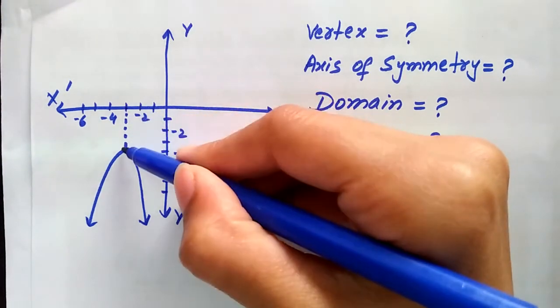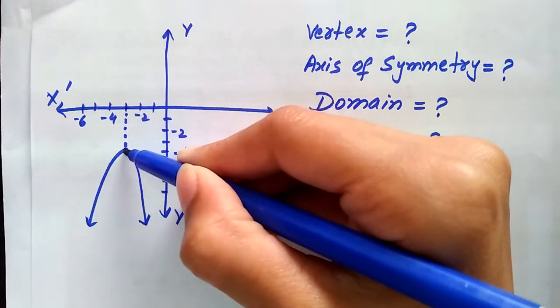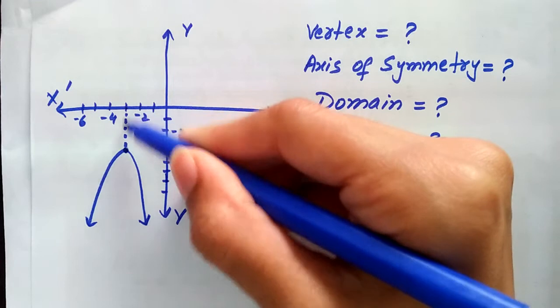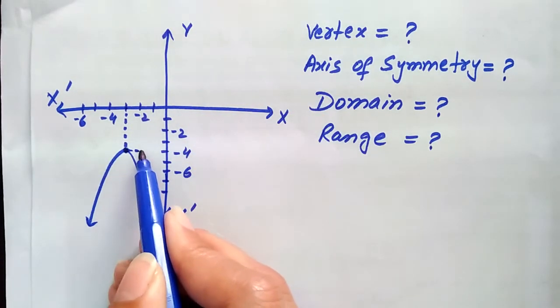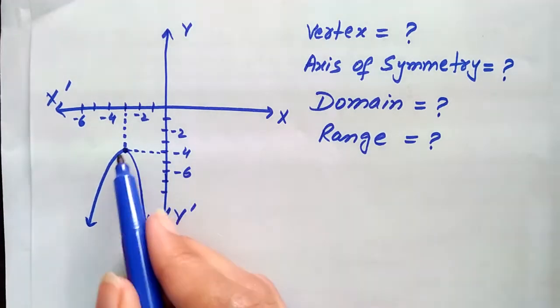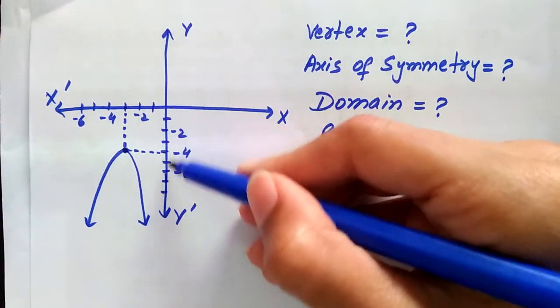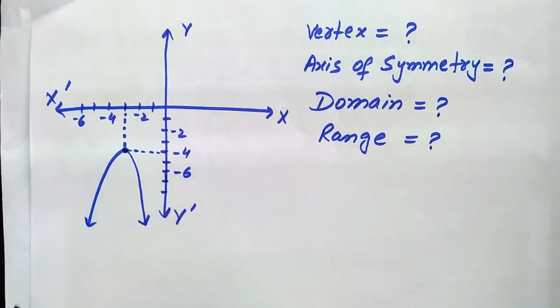The point where this line connects to the x-axis is basically the x-coordinate of the vertex. And if we extend it horizontally, it will connect to the negative y-axis, and that will give us the y-coordinate of the vertex.